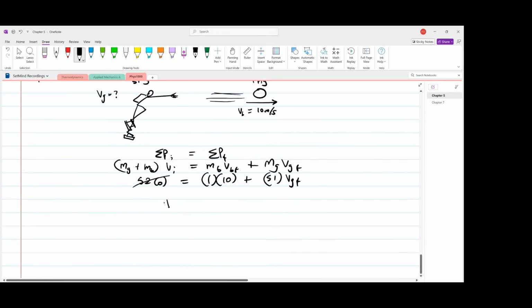This is 0, so vg final is going to be minus 10 over 51, which gives me an answer of minus 0.1961 meters per second. So for the ball to go 10 meters to that side, she goes 0.196 in the opposite direction. So we can see that the speed is equal to 0.1961 meters per second, because they asked for speed, which is a scalar.